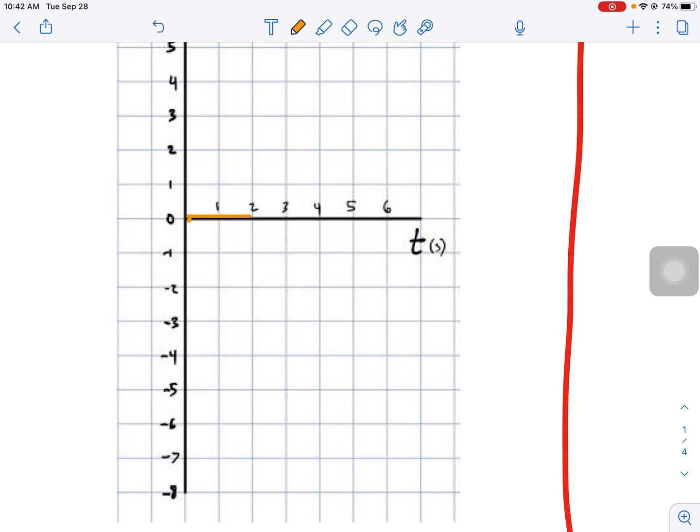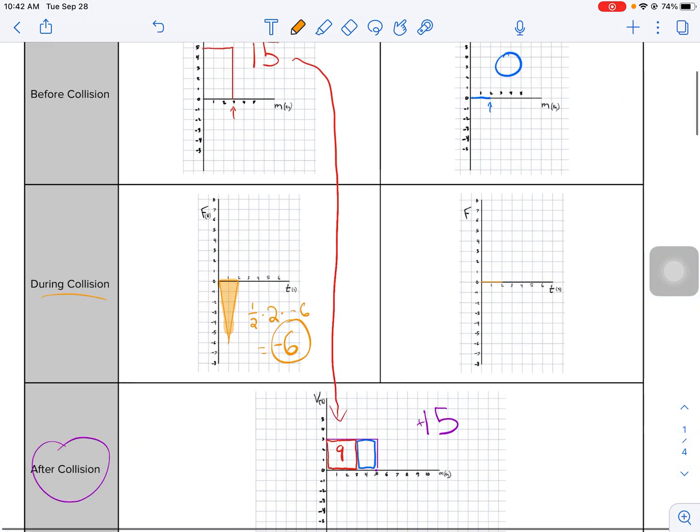And remember, we have a triangle shape for these graphs. It has to change by 6. Boom. So we can start to fill in what we know. If I calculate the area, remember it's 1/2 times the base, which in this case is 2, times the height, which is -6. I end up with -6. Good.